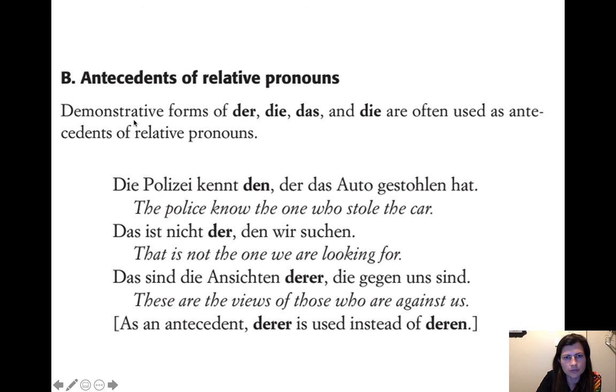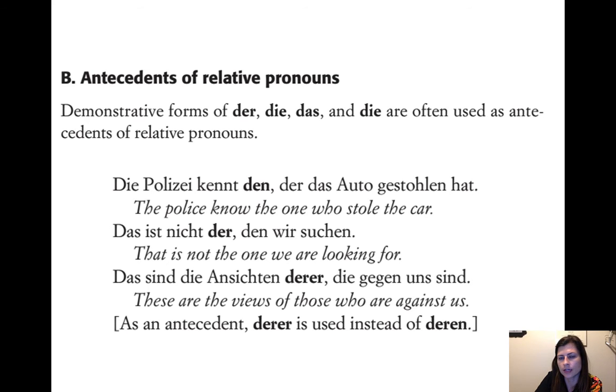So demonstrative forms of der, die, das, and die are used as antecedents of relative pronouns. So: Die Polizei kennt den, der das Auto gestohlen hat. Basically, this relative clause, der das Auto gestohlen hat, needs a noun that it refers back to. That's what relative clauses do, they describe a noun.